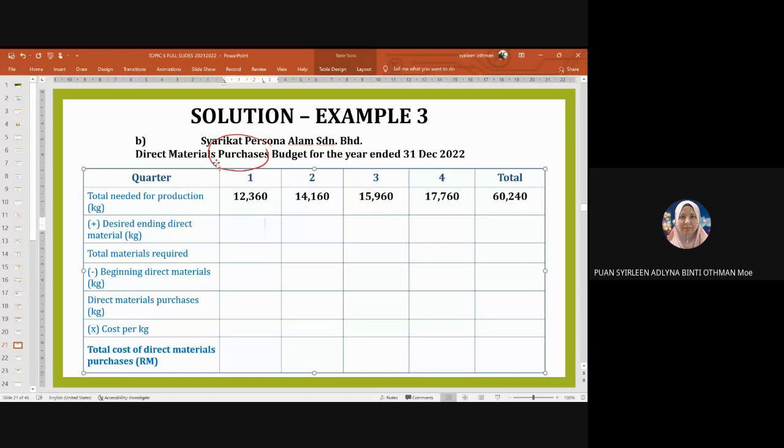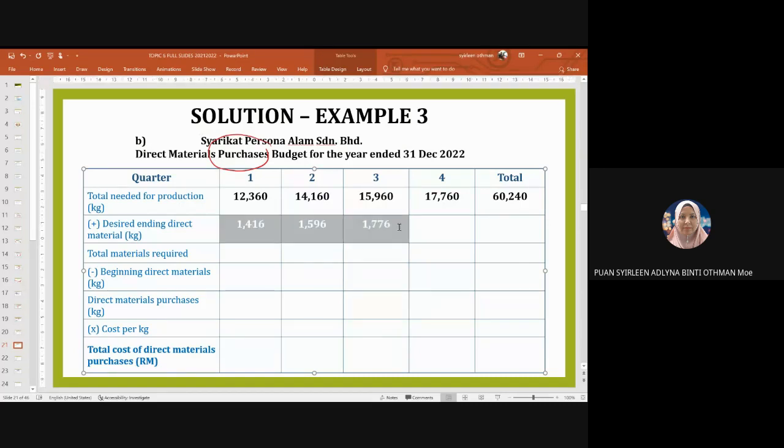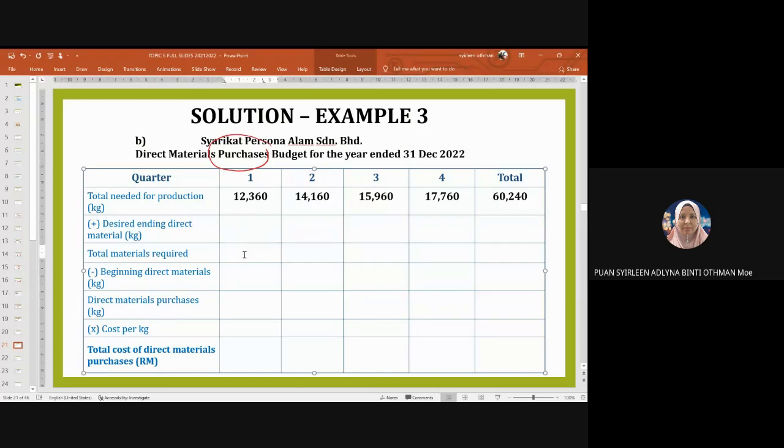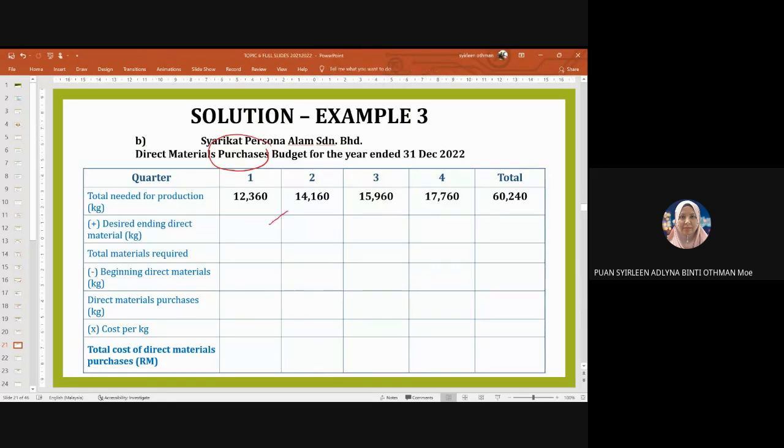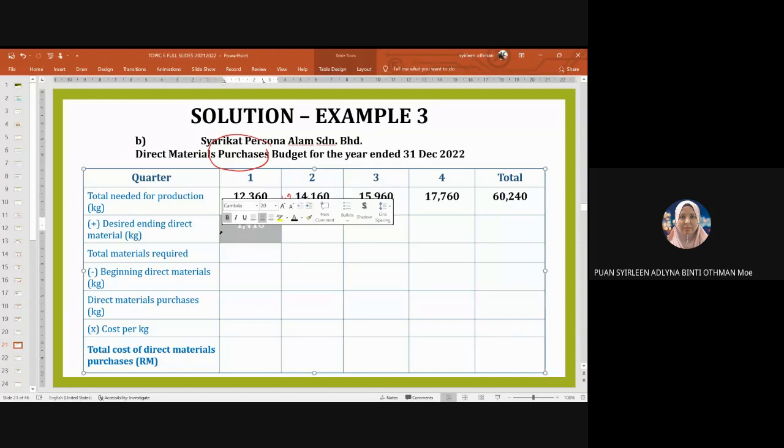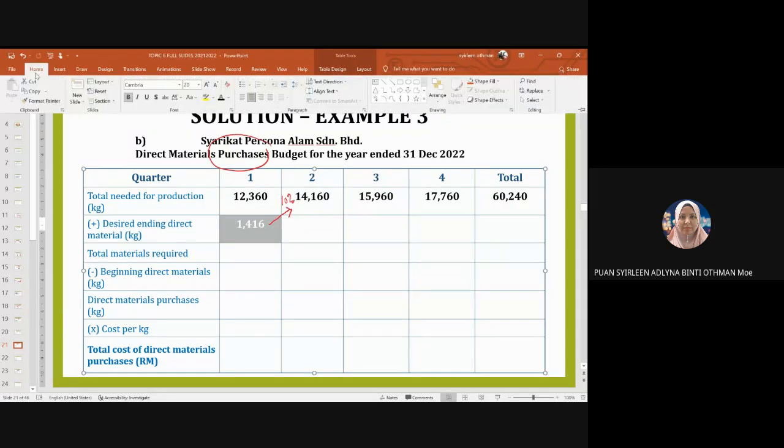Okay, tadi kita punya desired yang kita perlukan untuk ending inventory is based on the ending inventory policy kan? Okay, ending inventory policy di sini datangnya dari 10% ini. Kan dia bagi tahu dalam soalan tadi. So the first quarter ending inventory dia ialah 10% from 14,160.